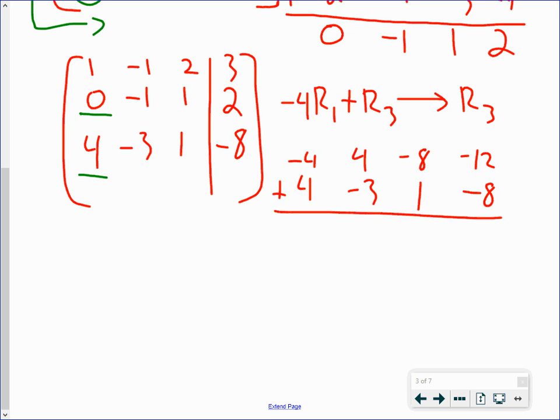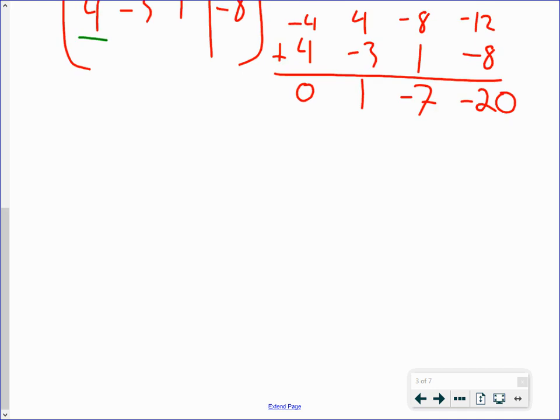We're going to add these together. -4 plus 4 is 0. 4 plus -3 is 1. -8 plus 1 is -7. And -12 plus -8 is -20. This is our new row 3.